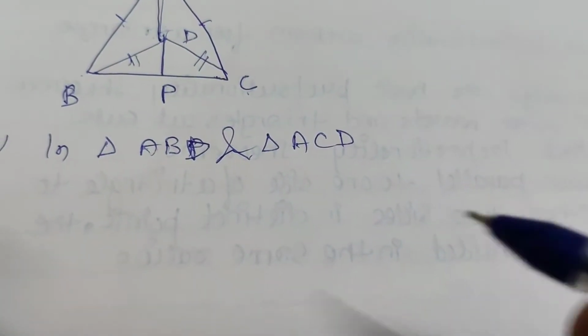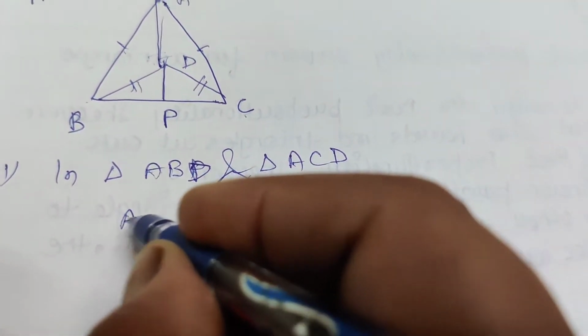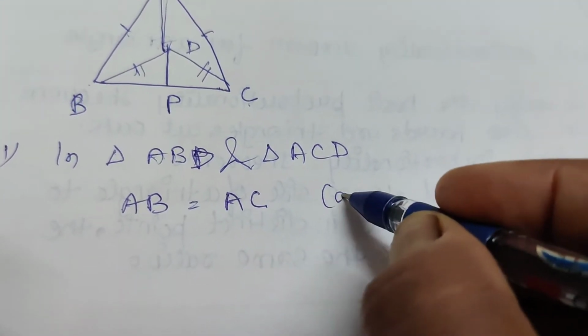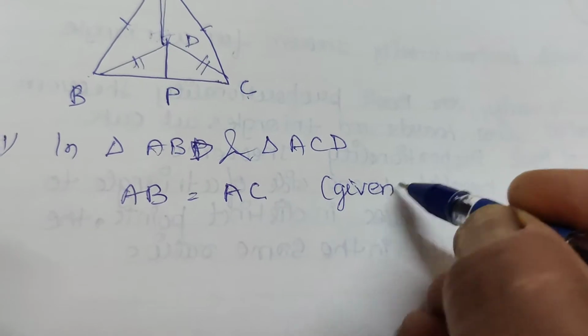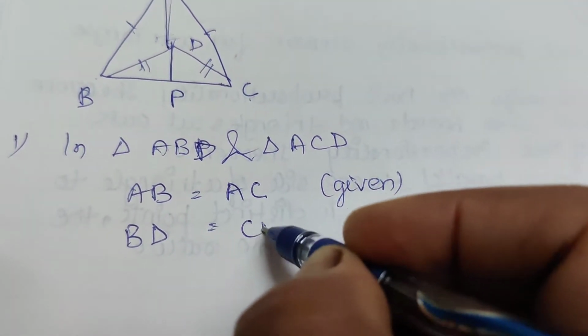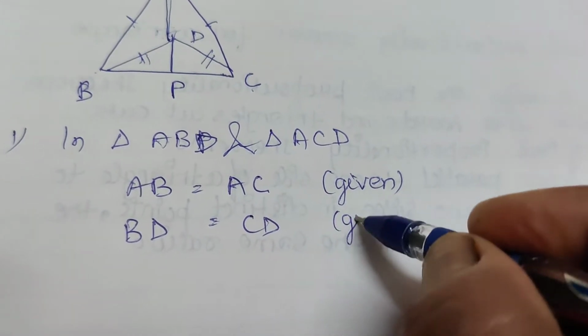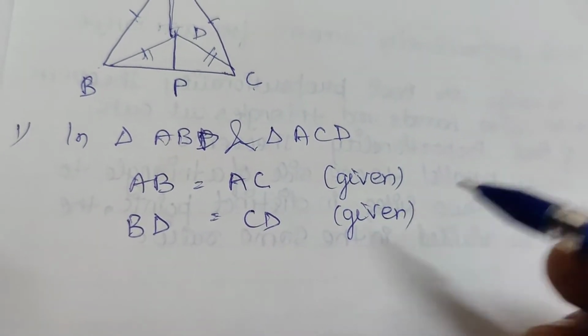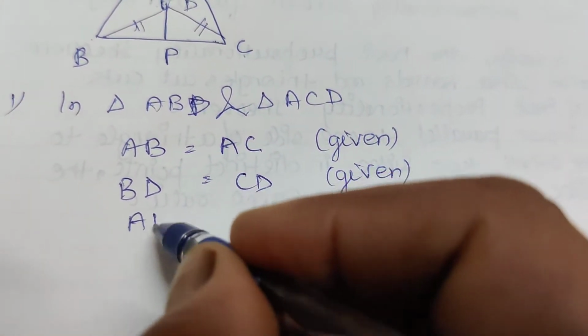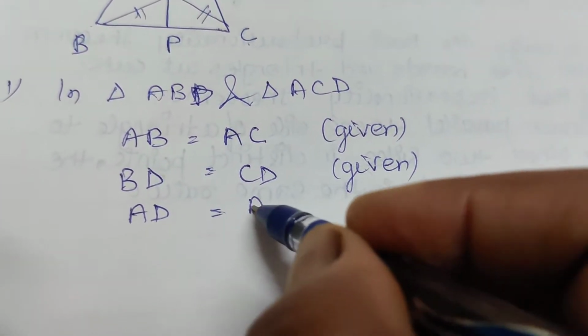Okay. First, AB equal to AC, given. BD equal to CD, given, because these are the sides of an isosceles triangle. And third, AD equal to AD, common.